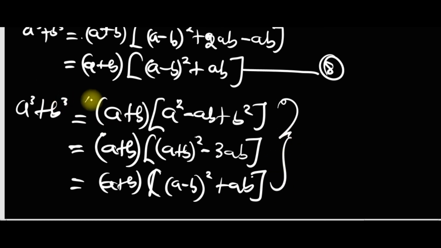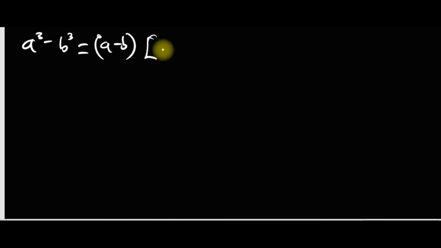identities for sum of cubes. So let's go to the difference of two cubes. So the identities, difference of 2 cubes. Again, using the formula for a minus b, we have a squared plus ab plus b squared, the sign is always positive.